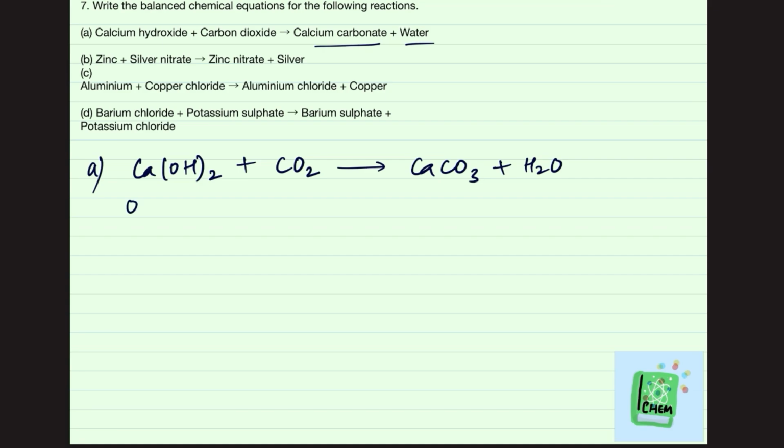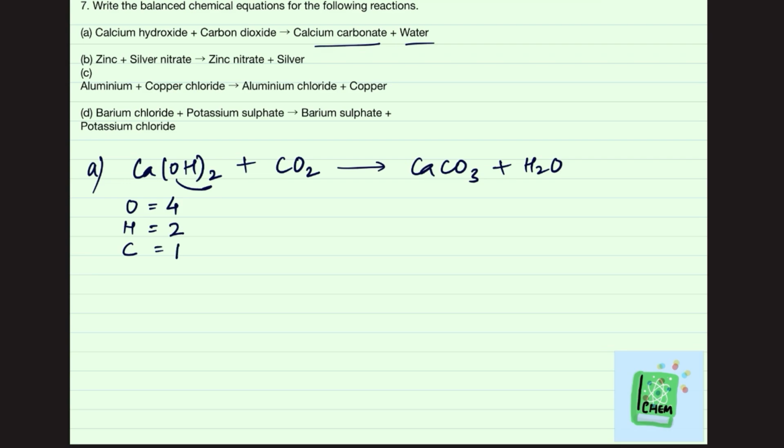Number of oxygen atoms on the reactant side is, hydroxide में है 2 oxygen atoms, since OH comes twice, so 2 oxygen atoms and 2 oxygen atoms in carbon dioxide, so total हो गए 4. Number of hydrogen atoms is 2 and number of carbon atoms is 1.